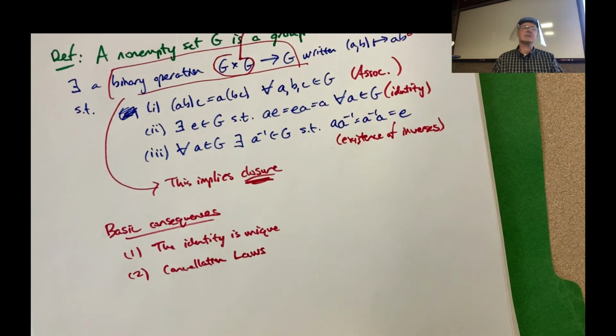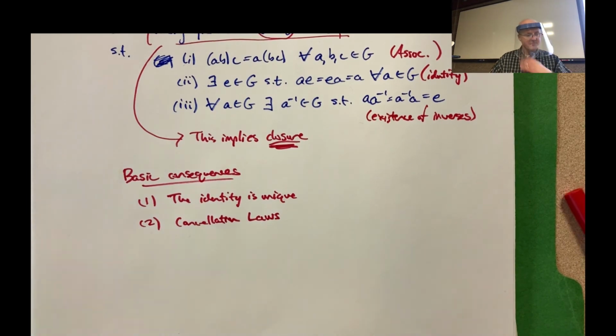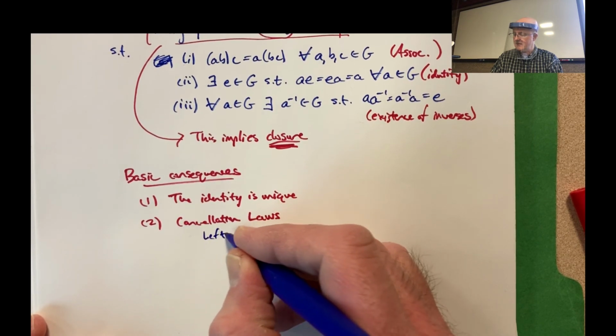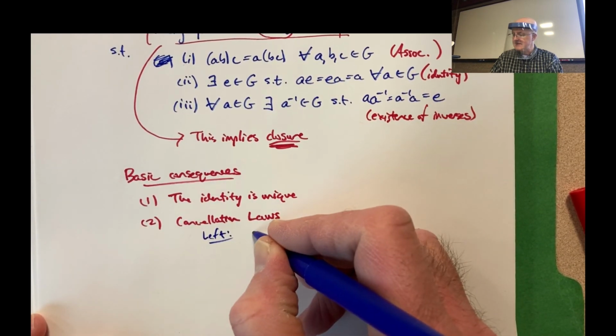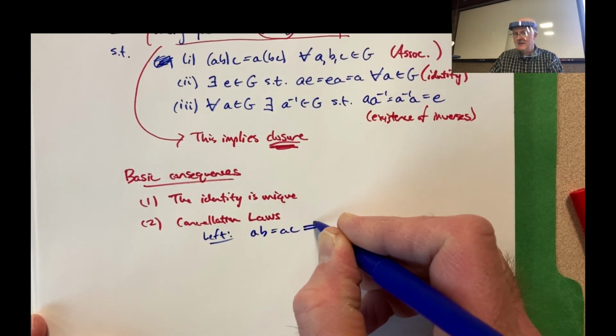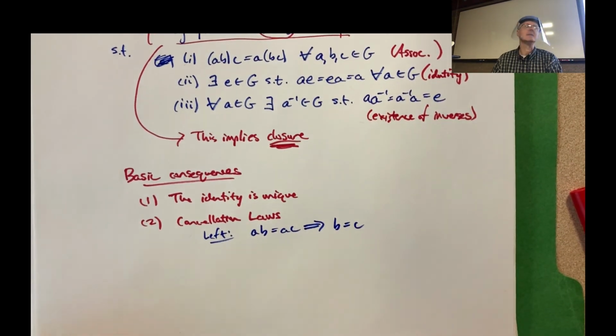There's a left cancellation law and there's a right cancellation law. The left cancellation law says that if AB equals AC, you can cancel the A's on the left and get B must be equal to C.